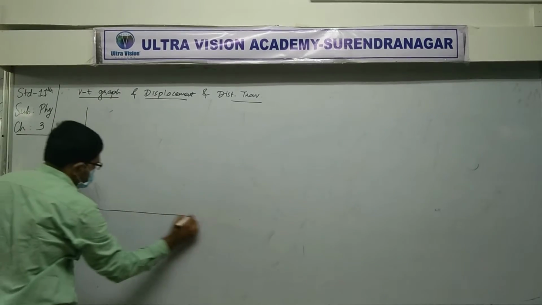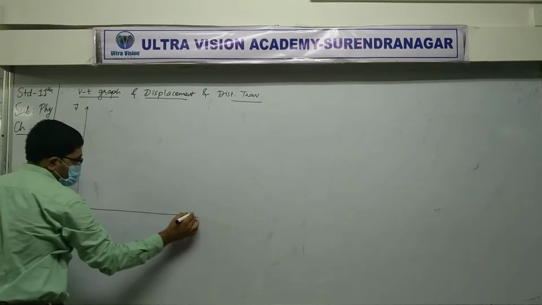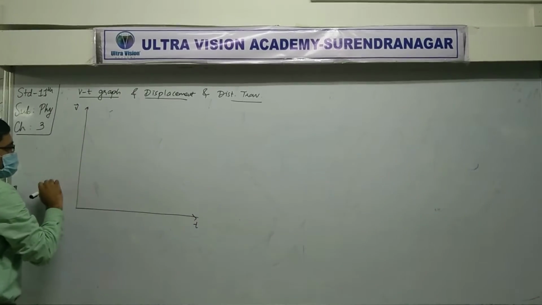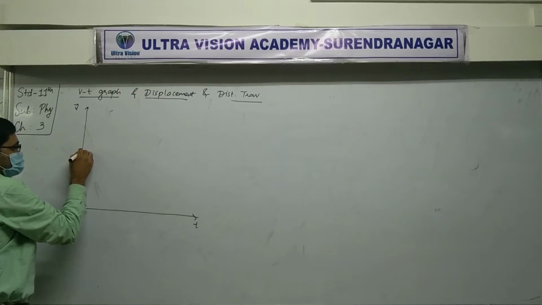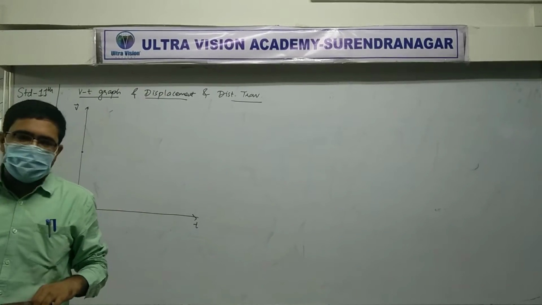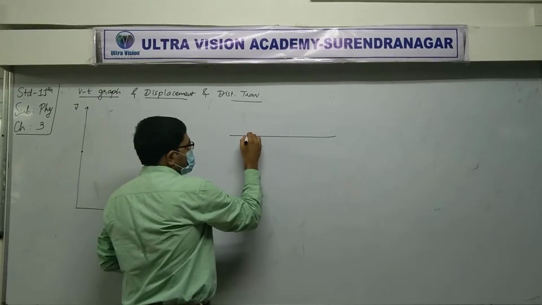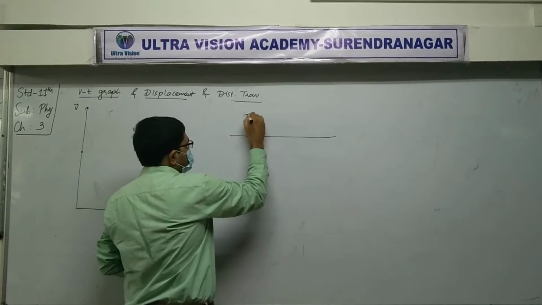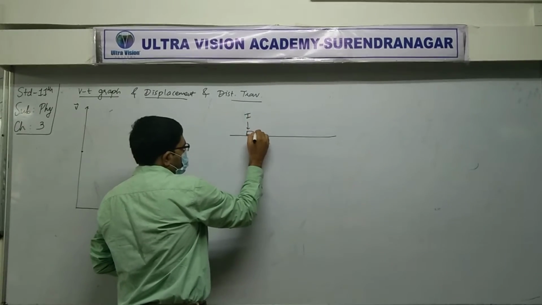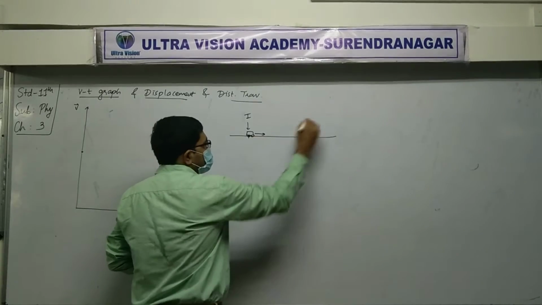Let's start with a simple example. This example itself will serve as an idea on how to do this. Suppose some object is moving, let's say, towards the right hand side on the number line. The initial position of the object is here, and now the object will move in this direction, and let's say it reaches here, and then the final.